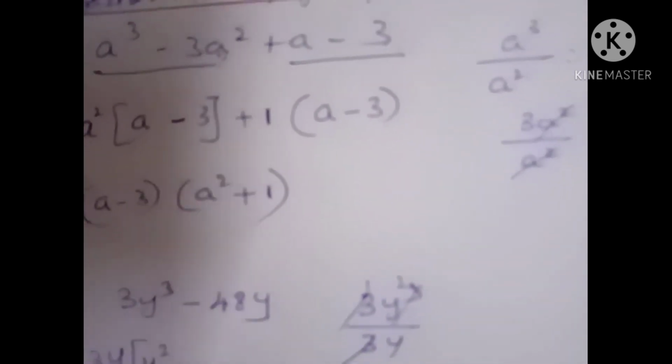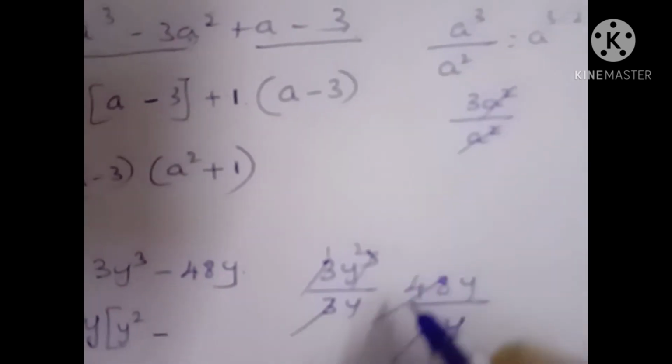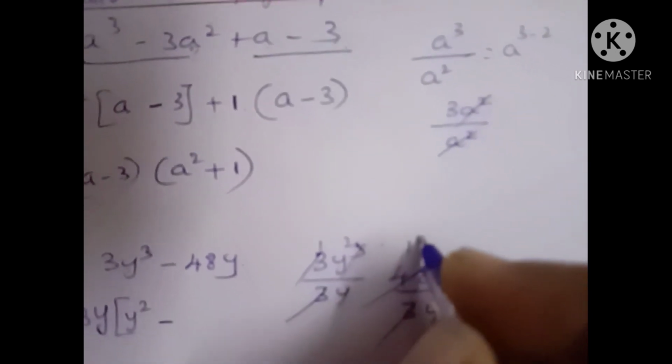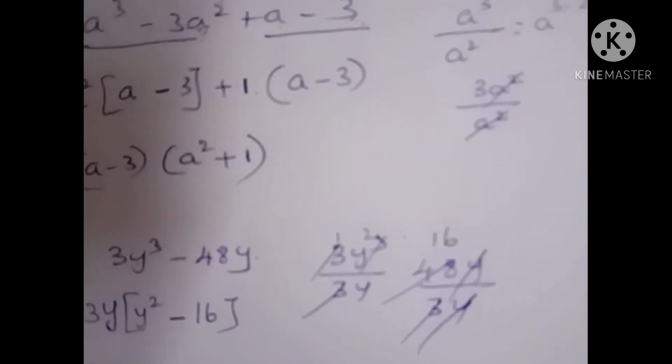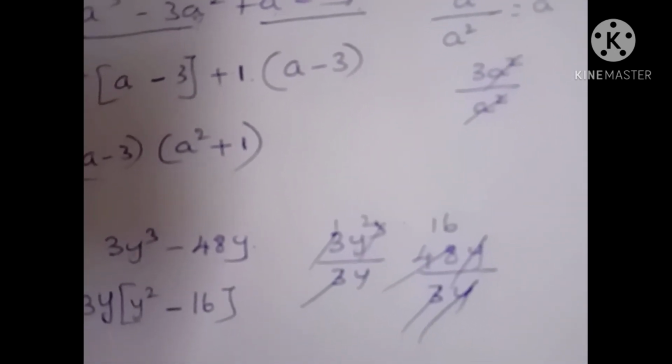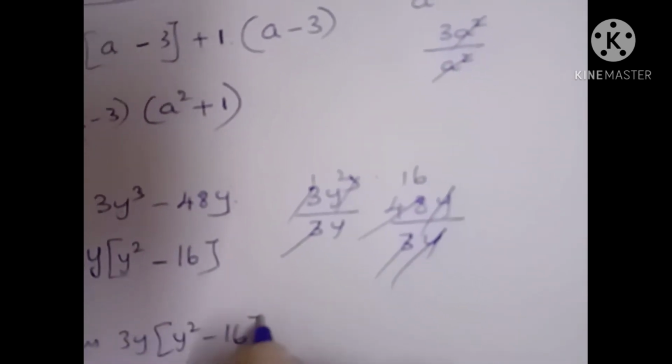So y square. Minus 48y by 3y: in 3 table, 3 sixteens are 48, and y cancels, so 16. So your answer is 3y times (y square minus 16).